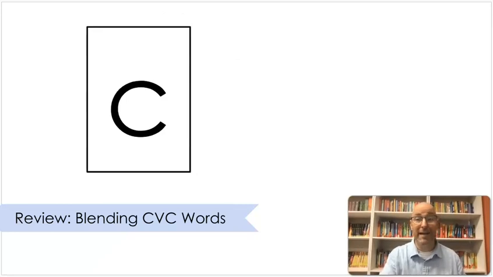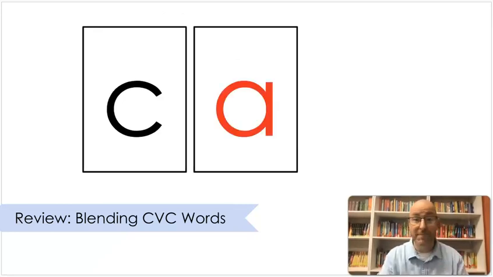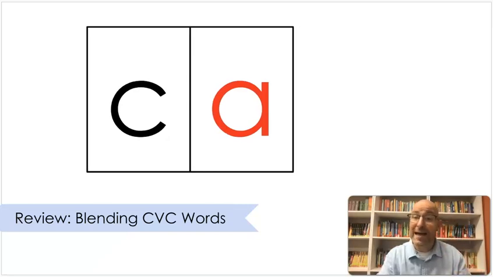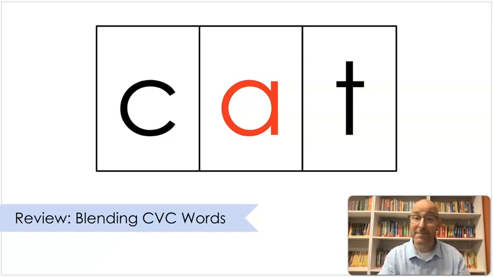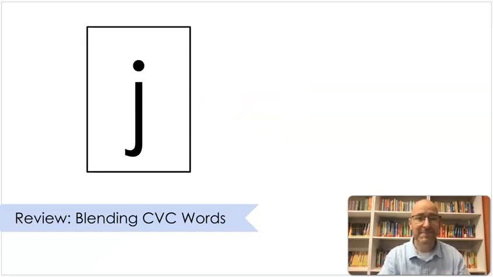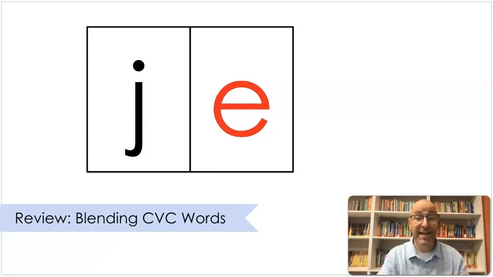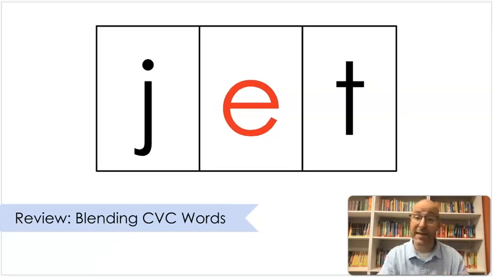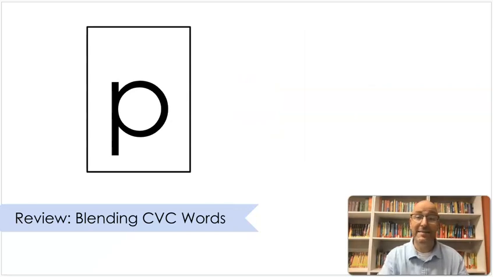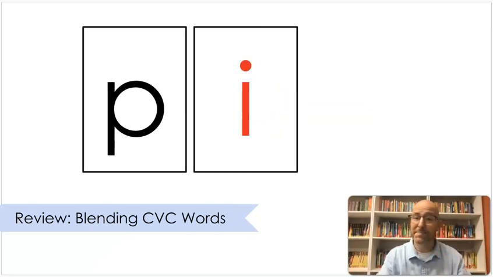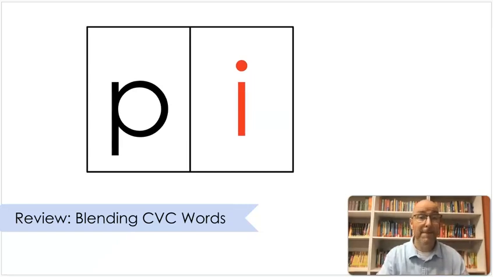All right, first, sound. K. Sound. A. Put those together. Cat. Cat. Sound. J. Sound. E. Put those together. Jet. Jet. Sound. P. Sound. I. Put those together.